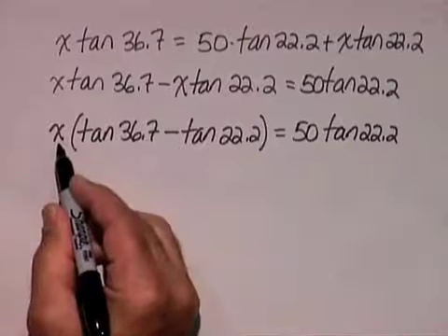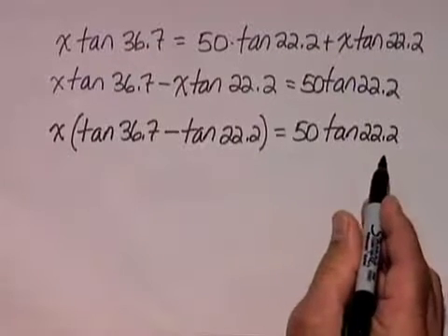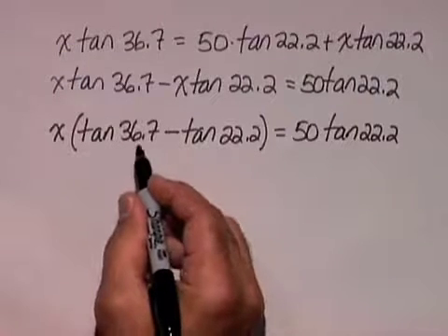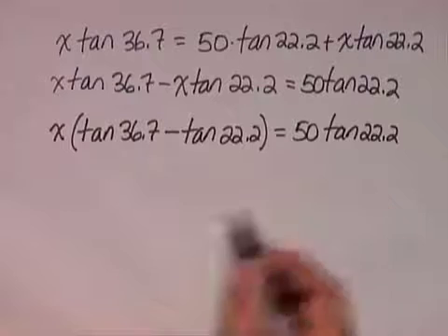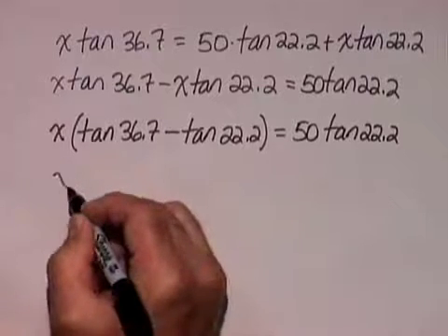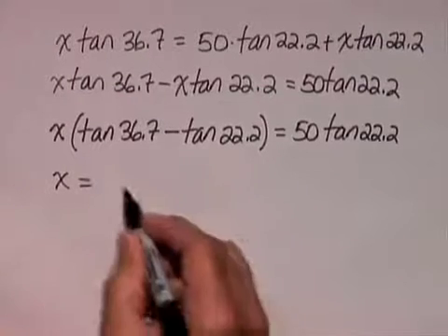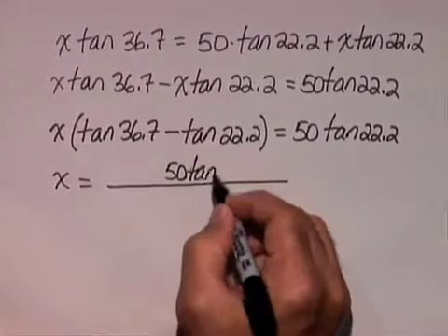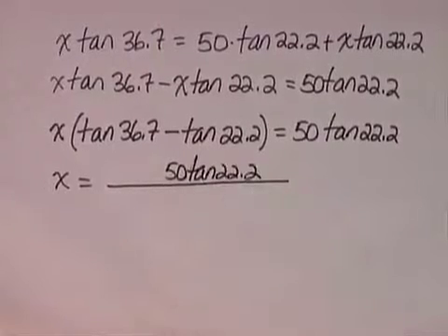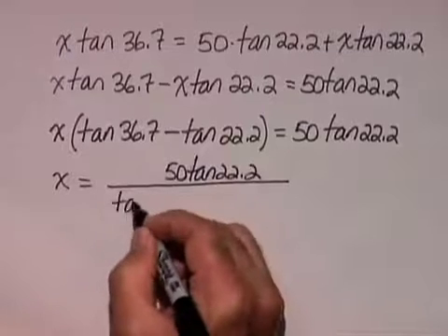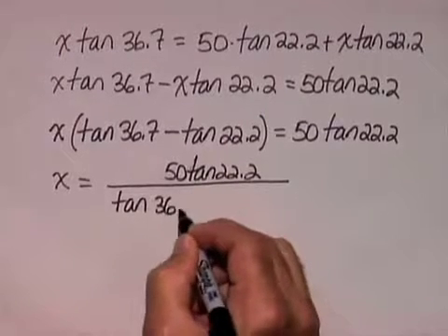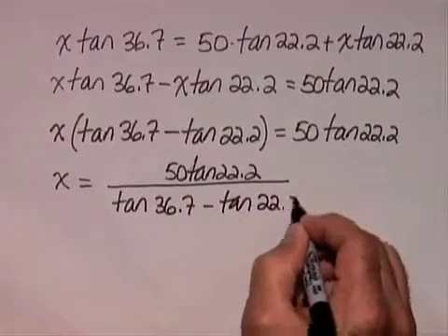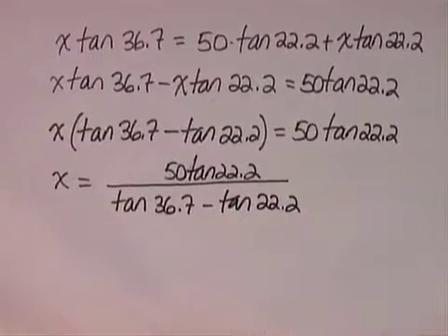To solve for x, I now divide 50 tan 22.2 by the tangent of 36.7 minus the tangent of 22.2. So x is equal to 50 tangent 22.2 divided by tangent of 36.7 minus tangent of 22.2.